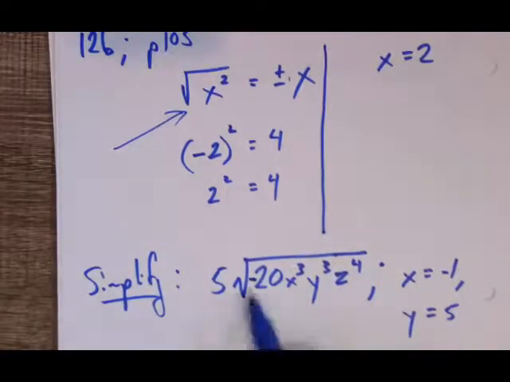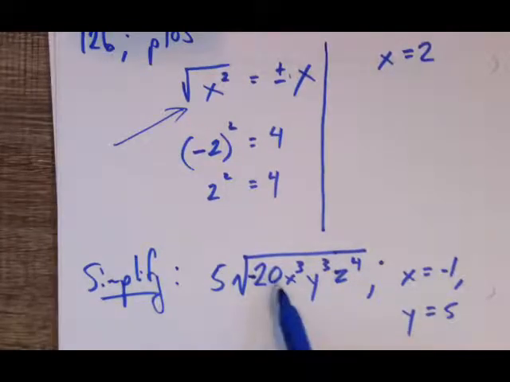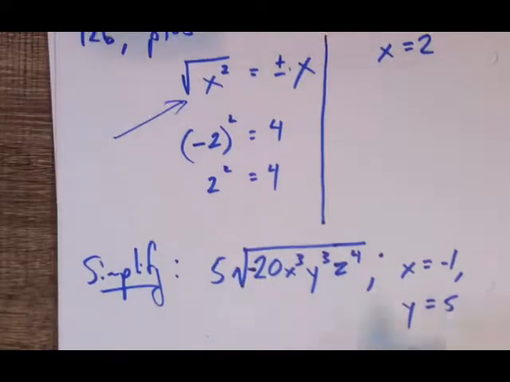I don't want to make it imaginary, so let's say it's negative 20. So then we plug in these values. We plug in negative 1 for x, we plug in 5 for y, and then we simplify. That's one of those cases where we know x is negative. We know y is positive. We have no idea what z is.